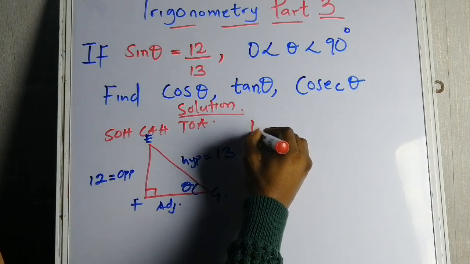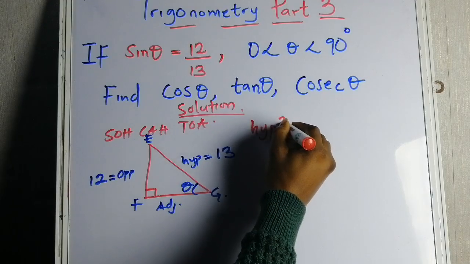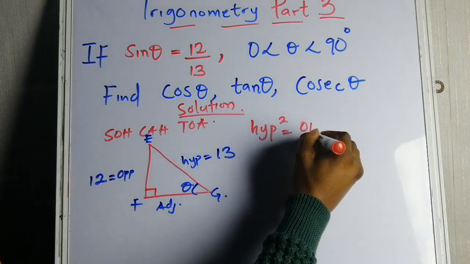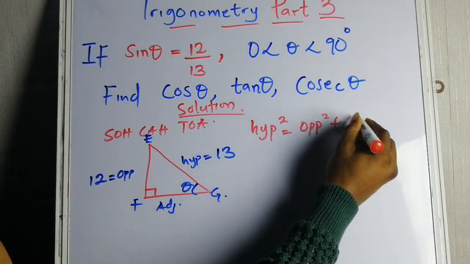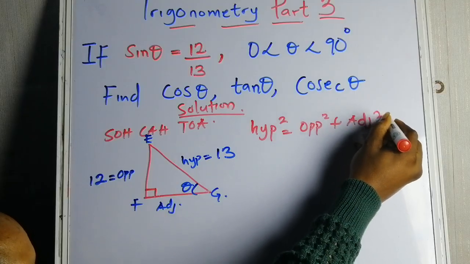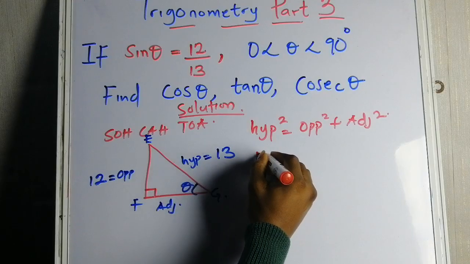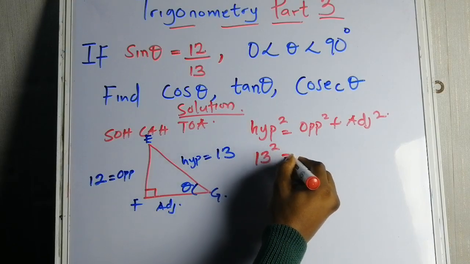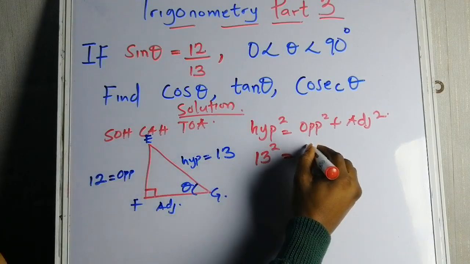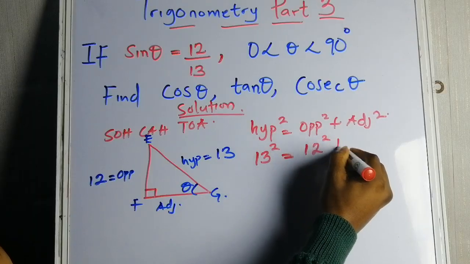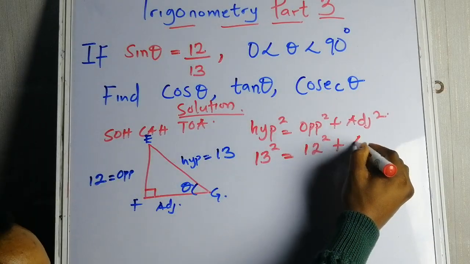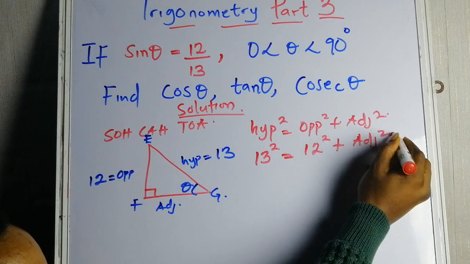So Pythagoras theorem is: hypotenuse square equals opposite square plus adjacent square. My hypotenuse is 13 square, my opposite is 12 square, plus adjacent square, which we are not given.